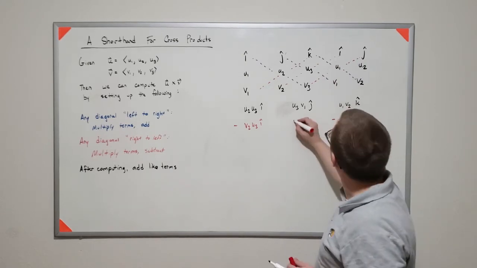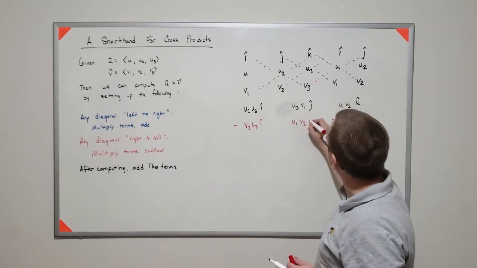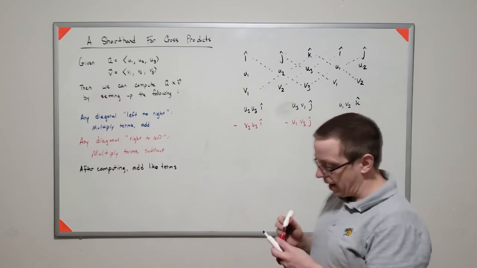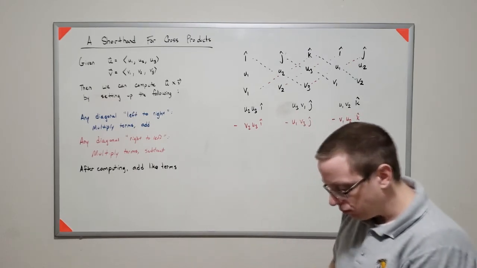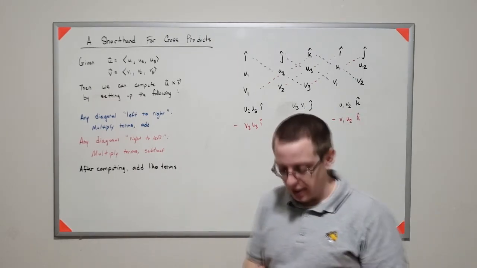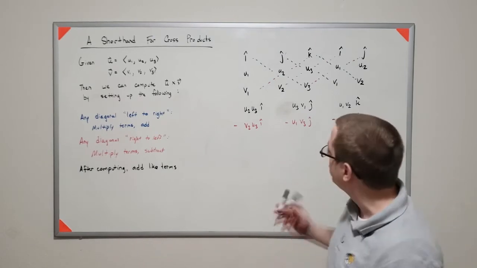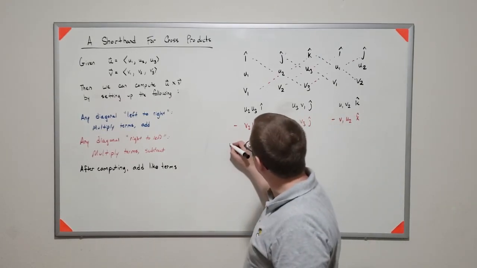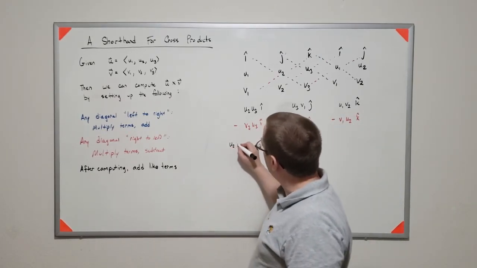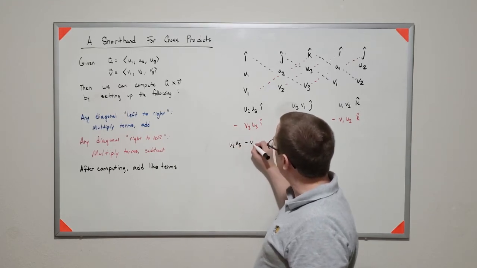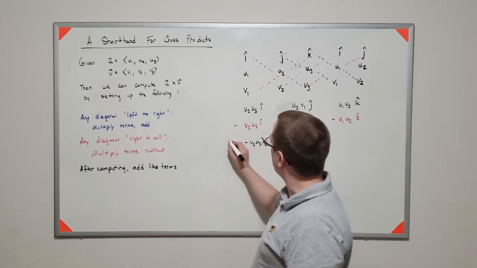And then I have u1, v3, j, but it's a negative. So if I add these together and combine like terms, I get u2, v3 minus v2, u3, i.